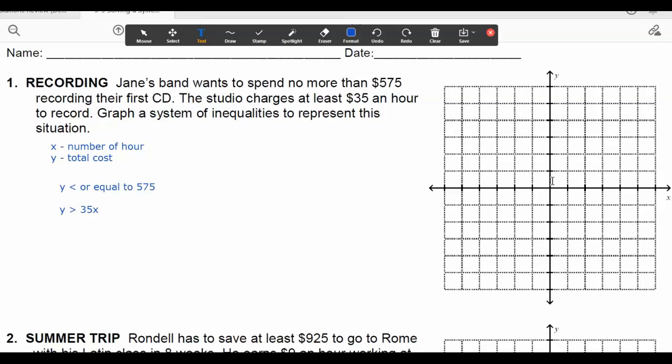So when you're graphing this, you would need to go by probably hundreds on the y's because we know that she has a max of $575. So I would say this is like 100, 200, and we'll keep going.